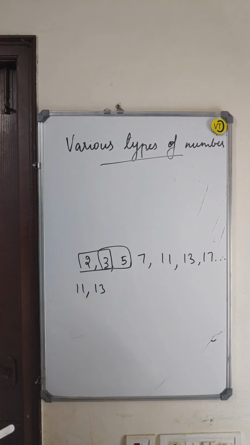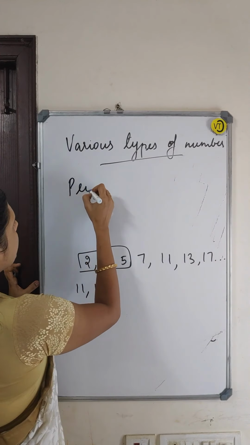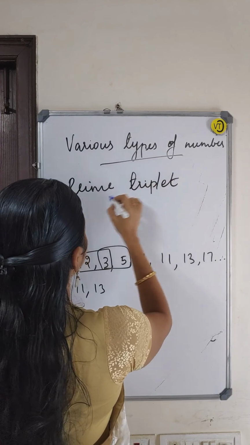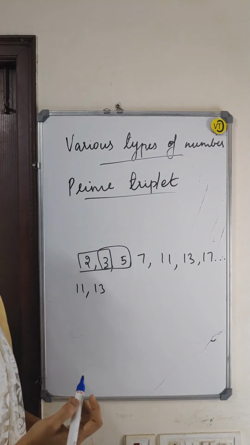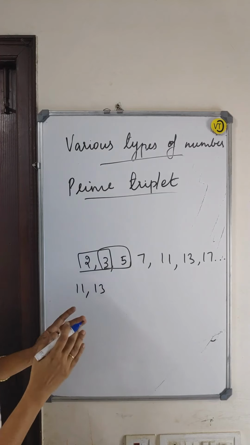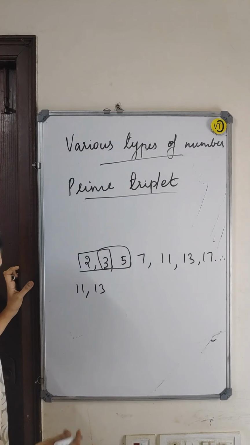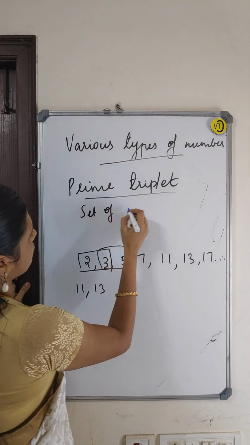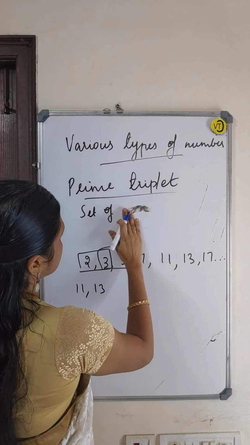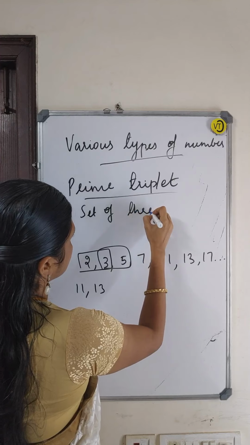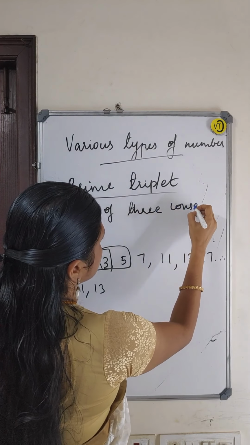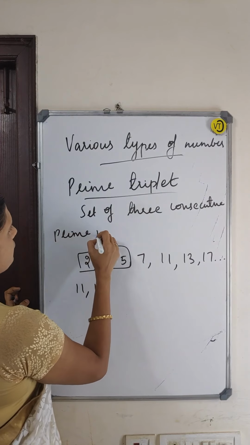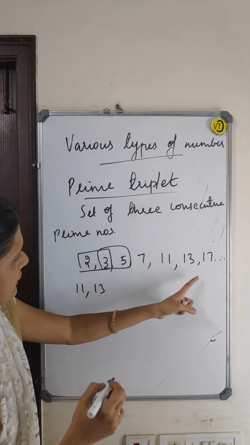Then, what is the next? Prime triplet. Prime triplet means the same thing: a set of 3 consecutive prime numbers. The prime number list I have already written.